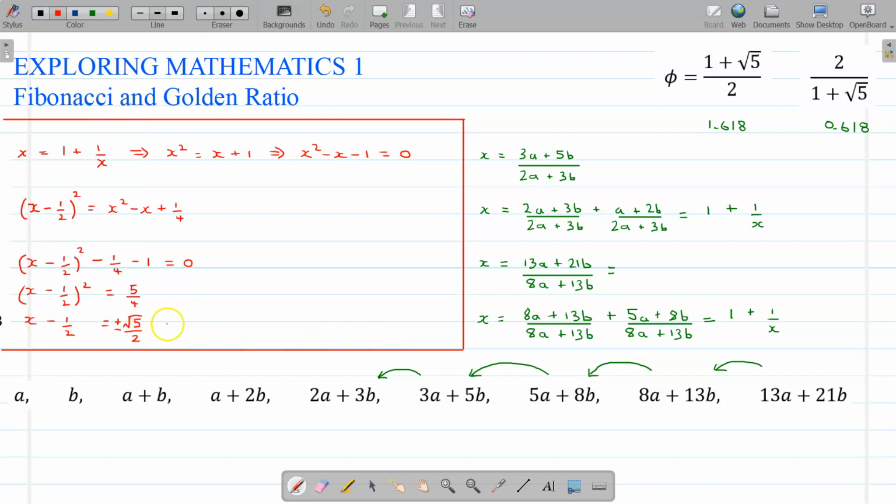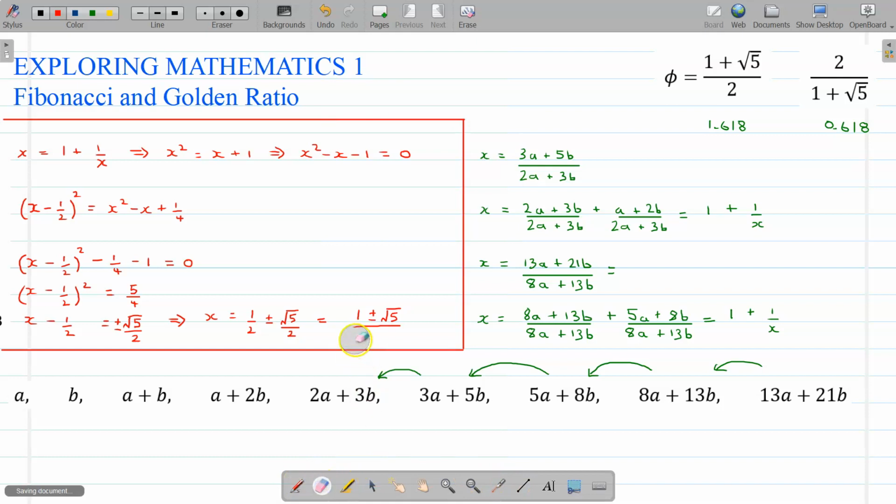Add the half to the other side. It tells me that the value of x equals a half plus or minus the square root of 5 over 2. And what we can do to tidy that up is rewrite that as 1 plus or minus root 5 divided by 2 as a single fraction like that.